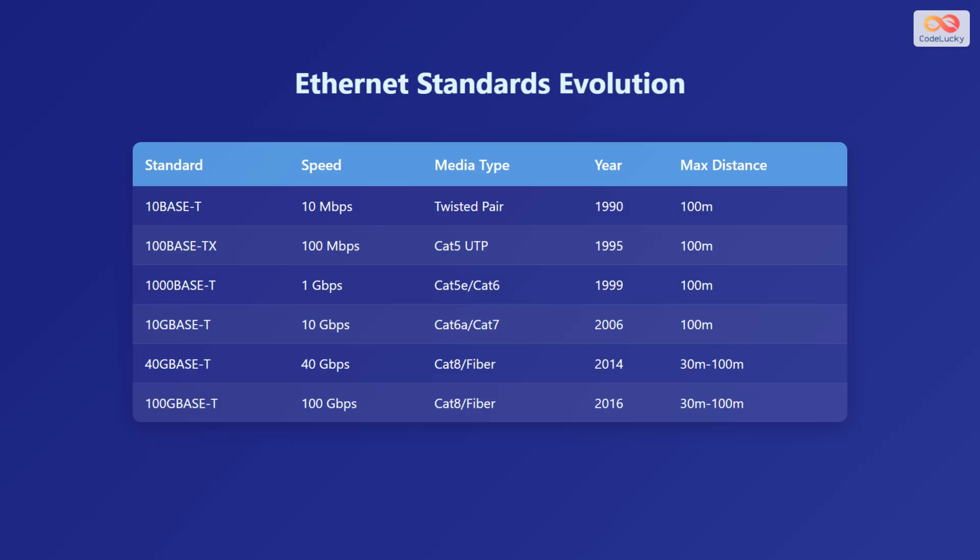Finally, we have the 100GBASE-T standard, released in 2016, which supports 100 gigabits per second and uses Category 8 cables or fiber, similar to the 40GBASE-T, with a distance of 30 to 100 meters. Each of these standards represents a significant advancement in Ethernet technology.